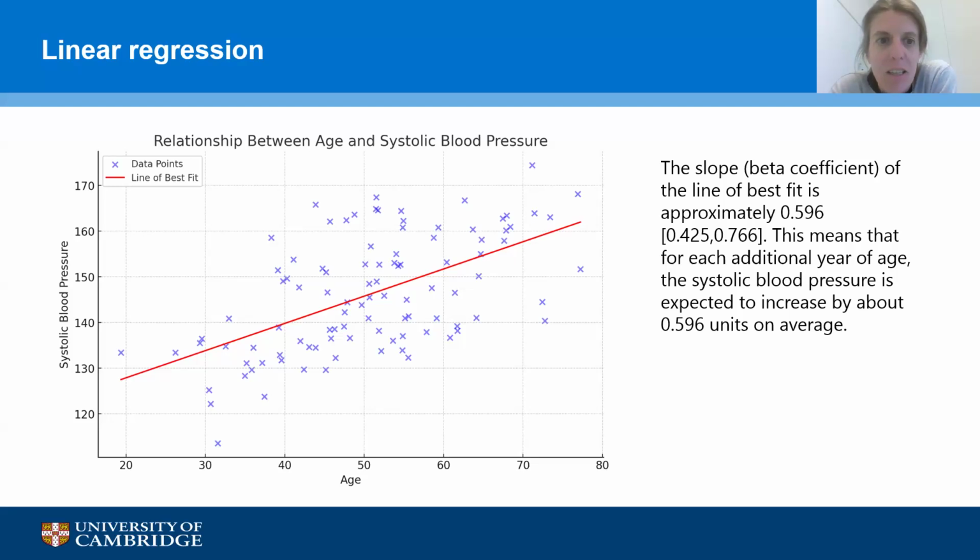So this was a summary of what linear regression is, where we are using two continuous variables. In this case, we have age and systolic blood pressure, and we try to estimate how much, for an increase of one year of age, the systolic blood pressure increases on average. This is what we can estimate from the model.